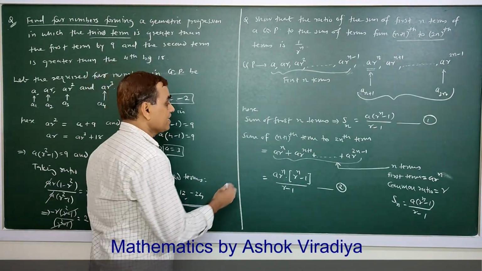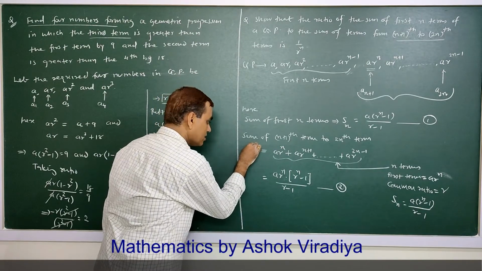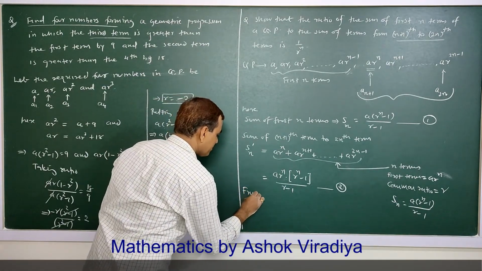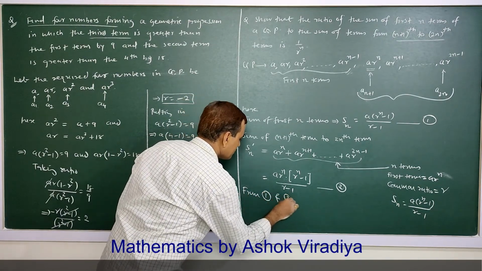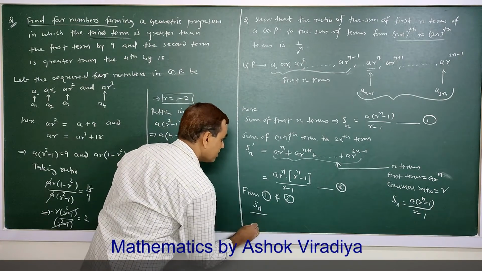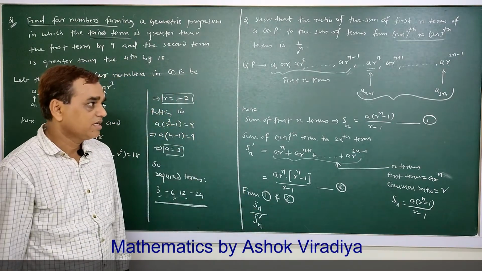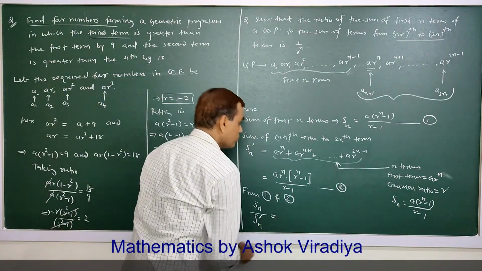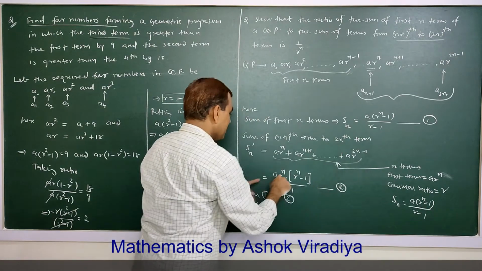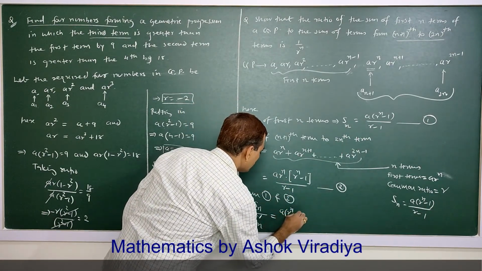So let me say this is Sn dash. So from 1 and 2, Sn upon Sn dash equal to, so dividing this value by this number, a into r raised to n minus 1.